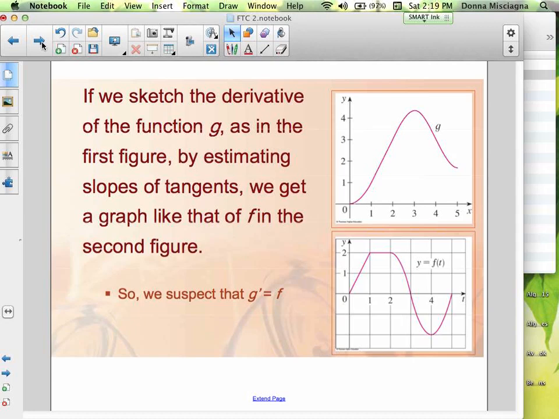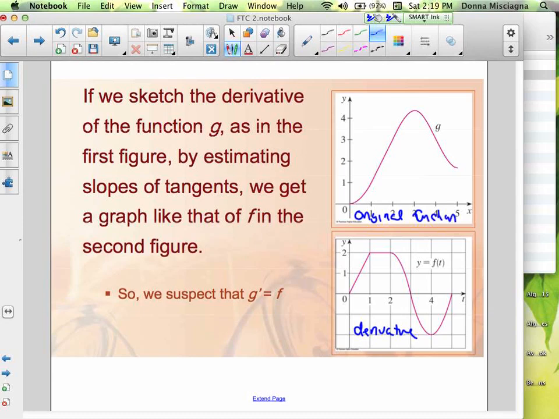So notice where we have a horizontal line, this is straight diagonal. So this would just be the slopes of this guy. So this guy here is the derivative. And this guy here was the original function. So by using slopes of a function, we can graph the derivative. By using areas under the curve of the derivative, we can graph the original function. And that's important to be able to do.